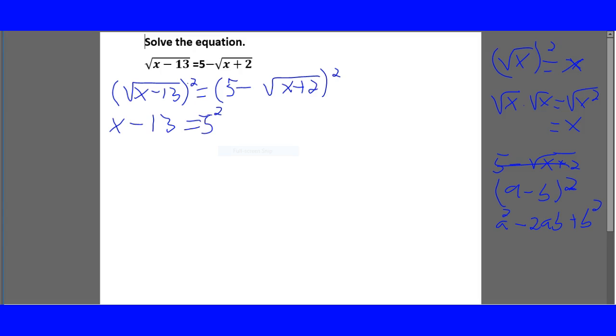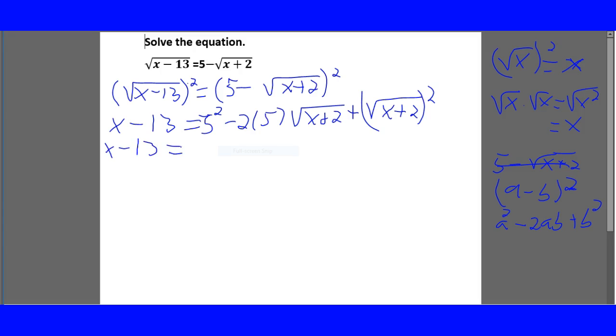So we square 5, which gives 25, minus 2 times 5 times the square root of x plus 2, that's 10 square root of x plus 2, and then plus x plus 2 squared, which is the second term, and that gives us x plus 2, same as x minus 13.